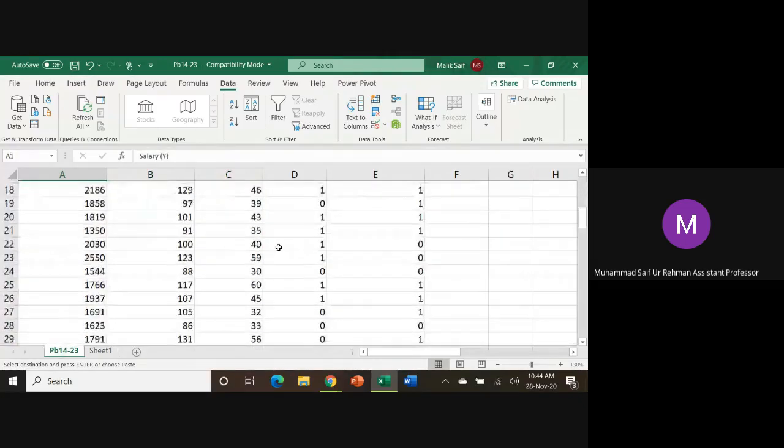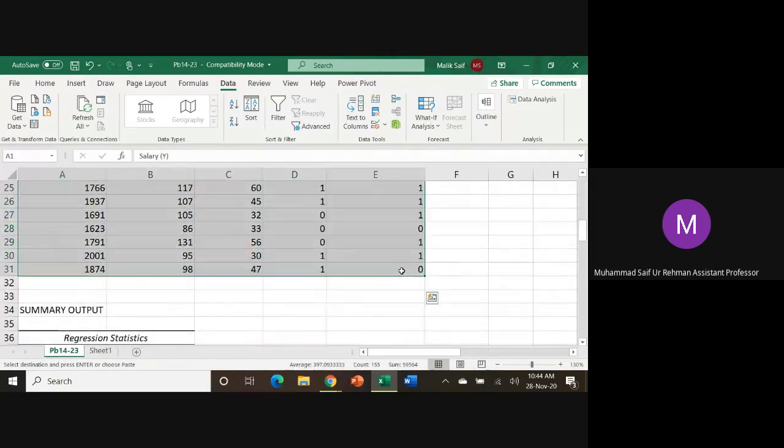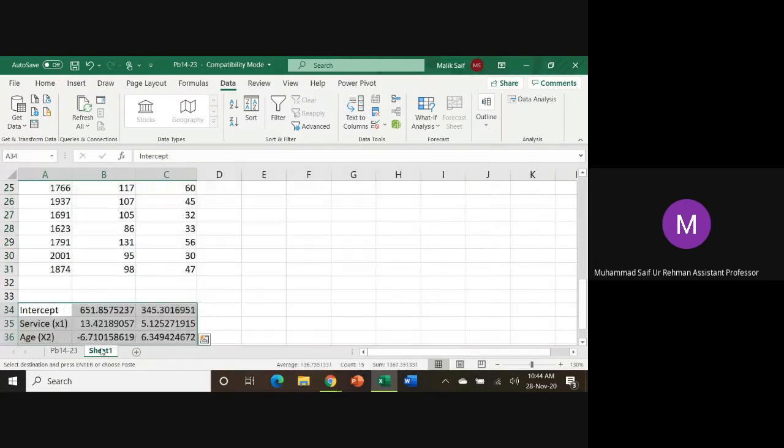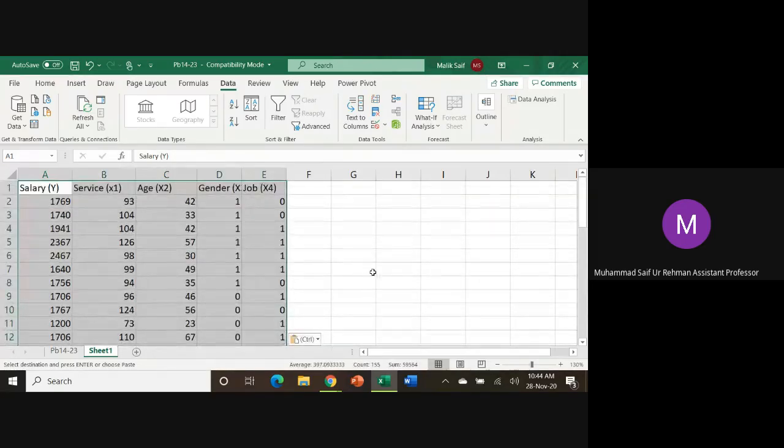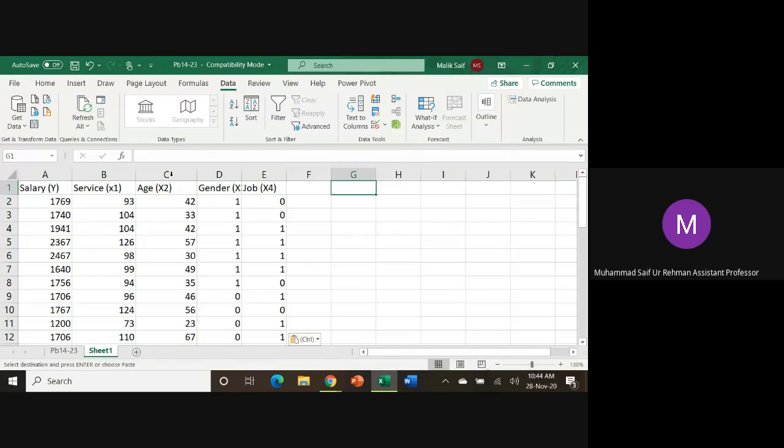So I'm going to take all four variables into account now, because I will straightforwardly use the values that are in the output given by Excel.